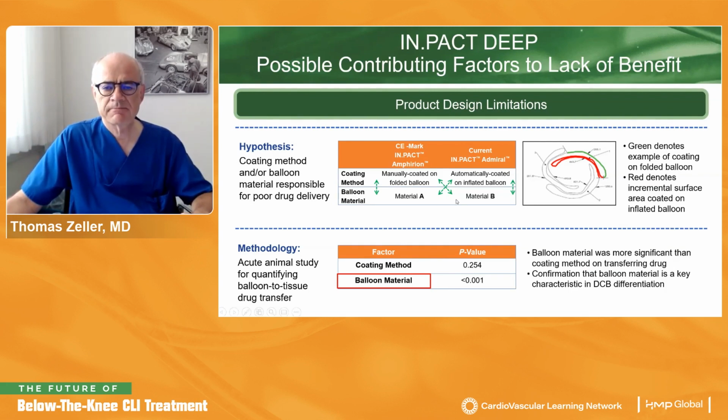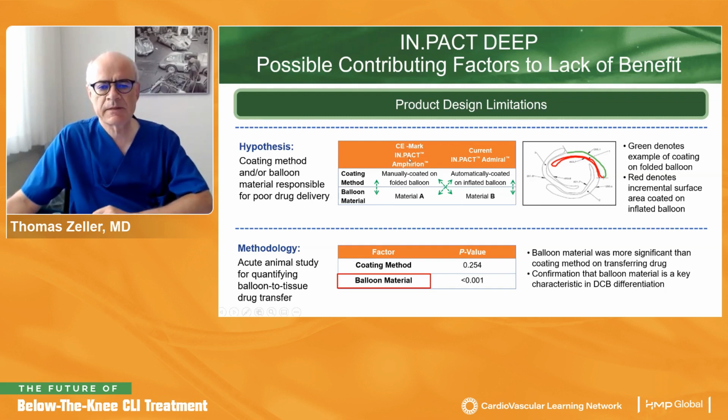If we compare the design of the IN.PACT Amphirion, which was recalled from market after releasing the 1-year results, as compared to the IN.PACT Admiral balloon, we see that the coating technology between both brands was different.